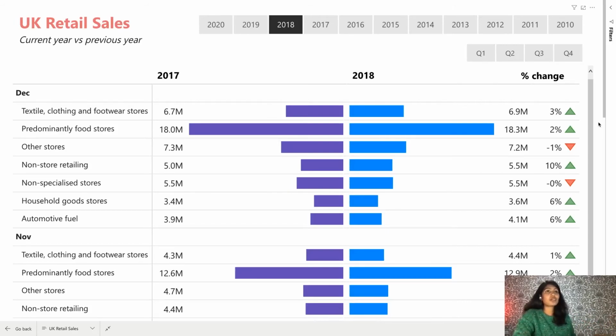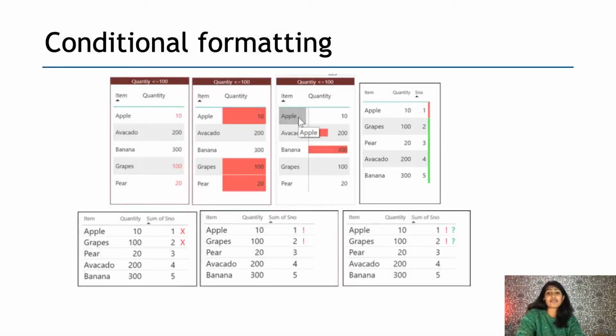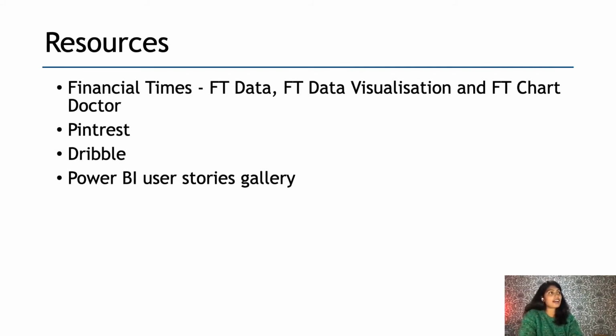So by using the conditional formatting functionality in Power BI, I managed to achieve this. There are a lot of functionalities available by using conditional formatting, so I would totally say use it. And as I mentioned before, there are so many resources available out there.